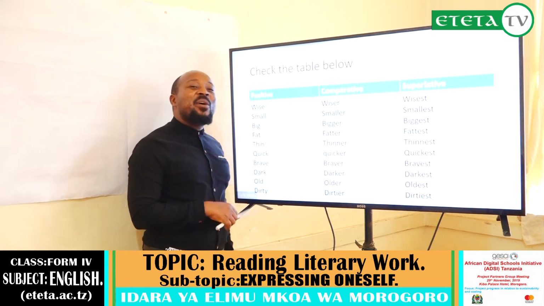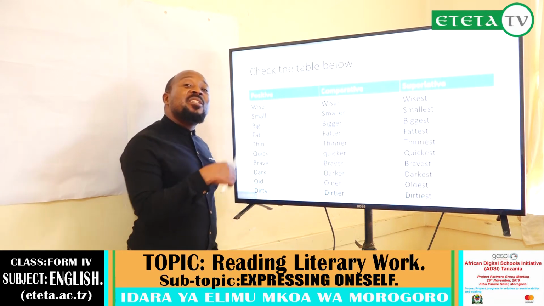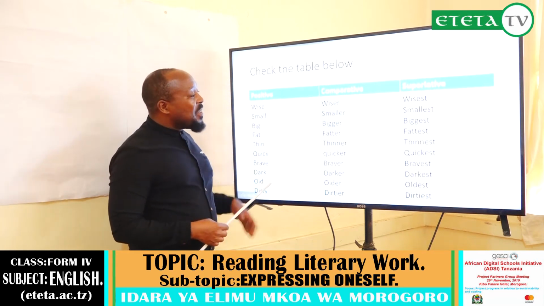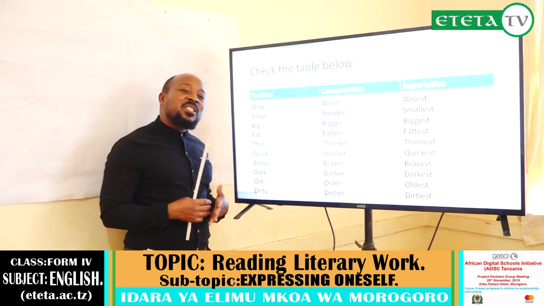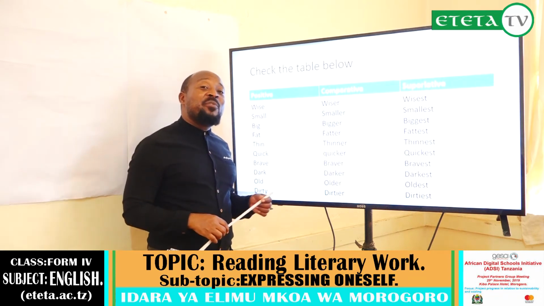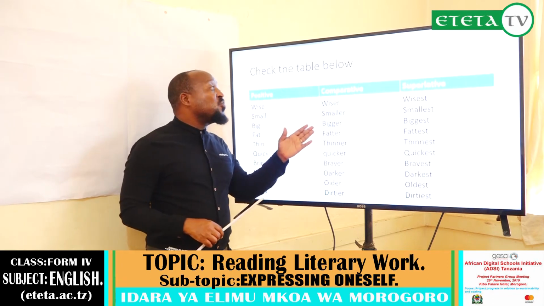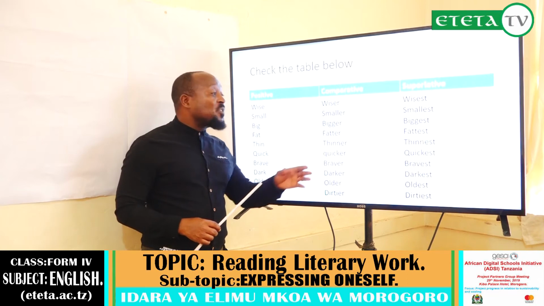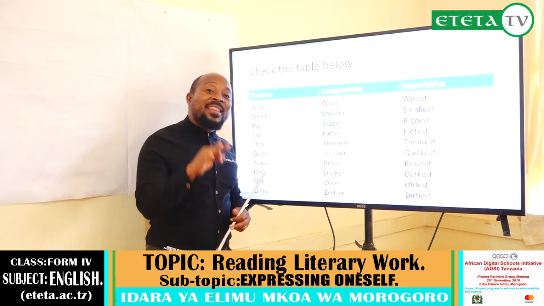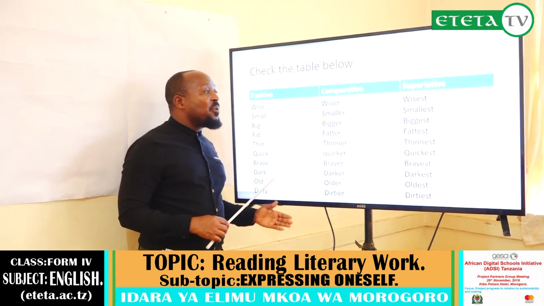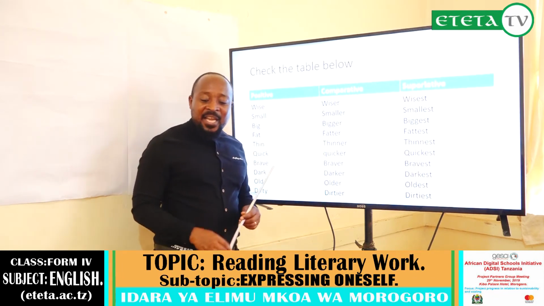We have small, then smaller, and then smallest. So you can see that this is the way we change a positive degree to comparative degree. And remember what I said in the previous part, that we use comparative degrees when we are comparing two things, and we use superlative degree when we are comparing three things. That's how it is.